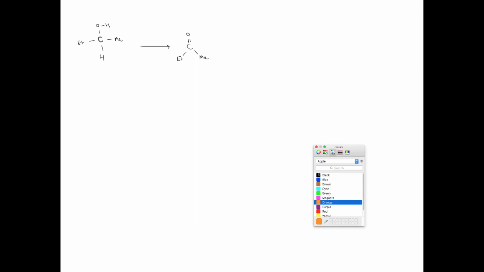So as previously stated, the Dess-Martin oxidation reaction always produces a ketone from a secondary alcohol. So we know that the final product will be some form of ketone. So in this reaction, we know that the molecule will always lose one of the attached hydrogens, as well as the hydrogen attached to the oxygen.